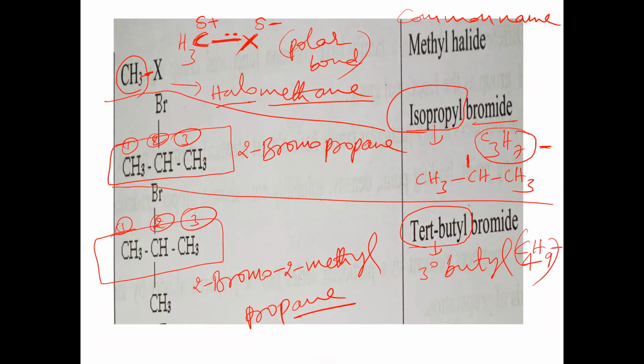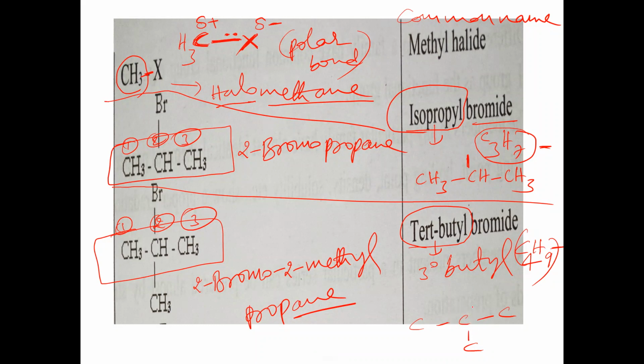C4H9 is called the butyl group here. This butyl group will be of different types: secondary butyl, tertiary butyl, isobutyl. But tertiary butyl means the bromine should be attached to a tertiary carbon atom, meaning a 3-degree carbon atom. In this butyl, see 1, 2, 3, 4, four carbons.